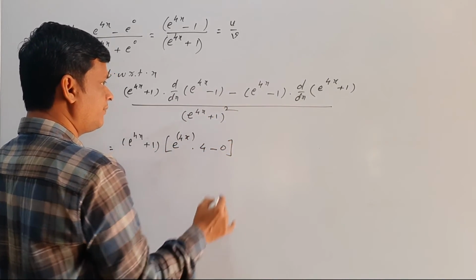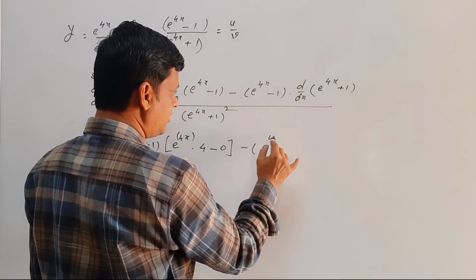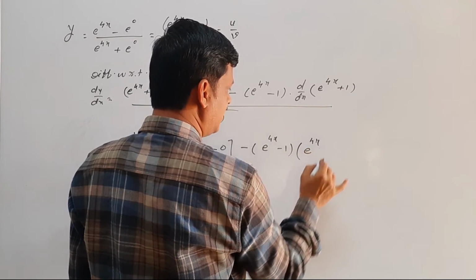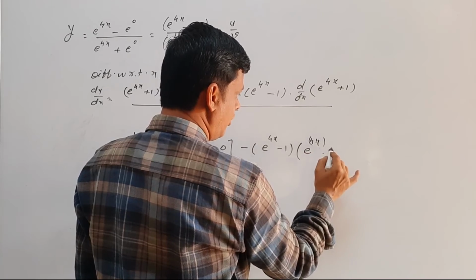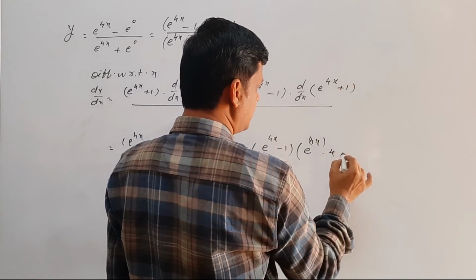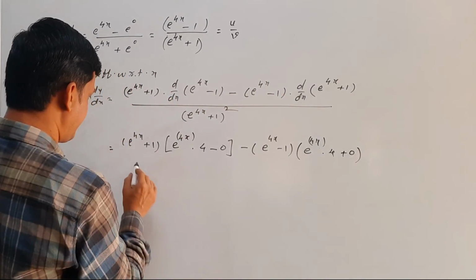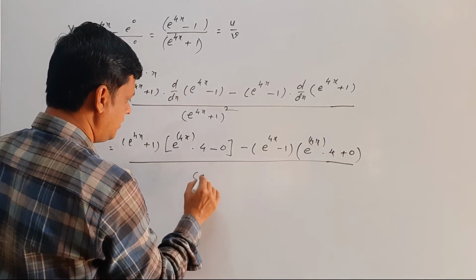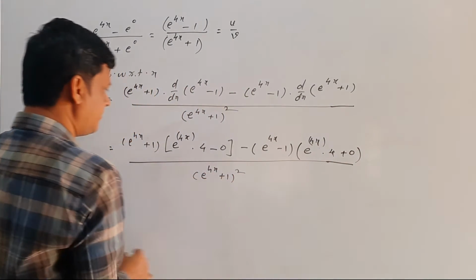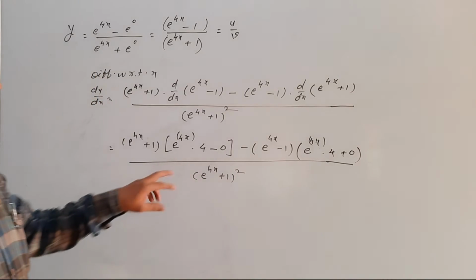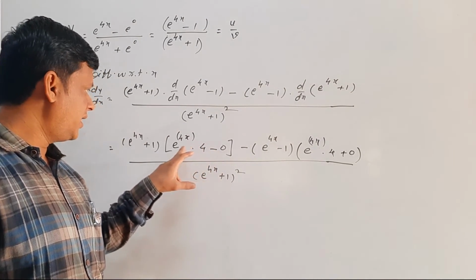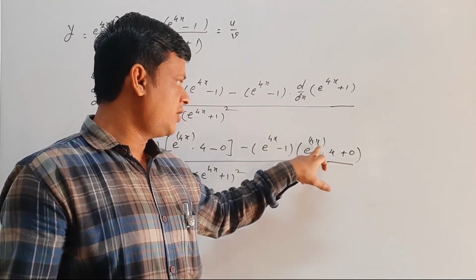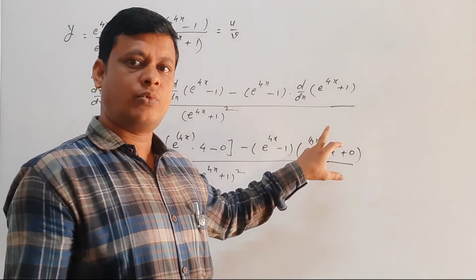So we write minus 0, minus in bracket e^(4x) - 1, in bracket the derivative of e^(4x) is e^(4x) into the derivative of 4x, which is 4, and 1 is a single constant, so its derivative is 0, upon (e^(4x) + 1) squared. So when we subtract 0 from this, we get e^(4x) into 4. Here also when we add 0 with this e^(4x) into 4, we get e^(4x) into 4.